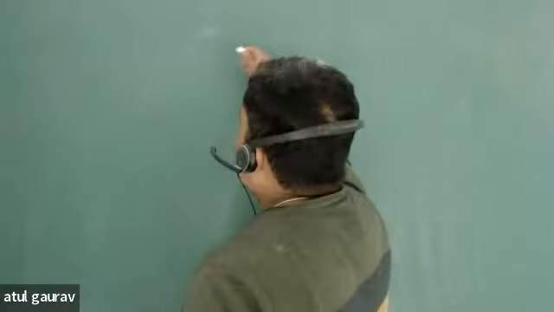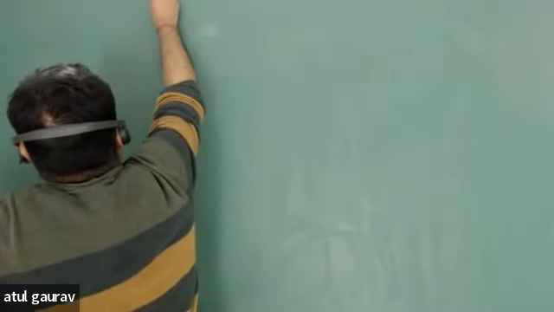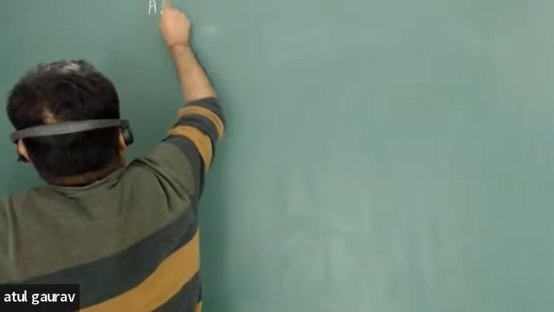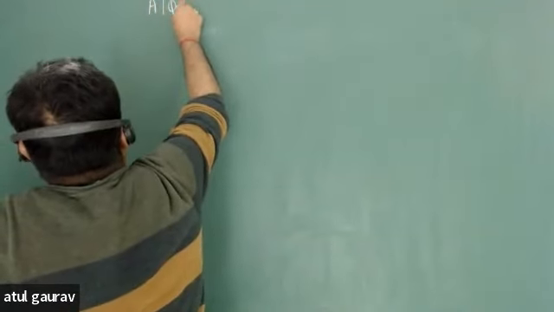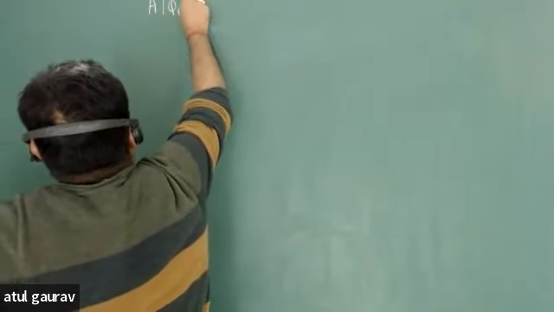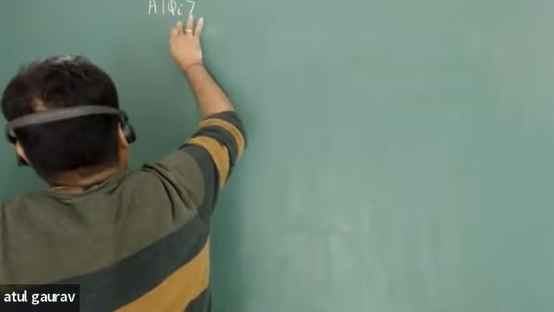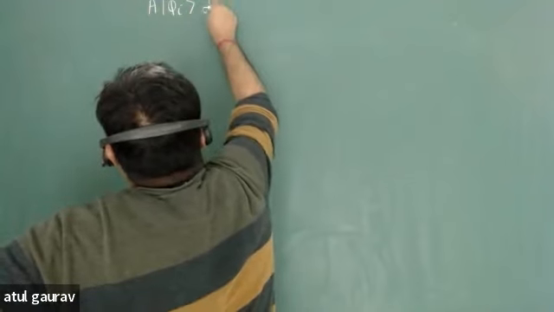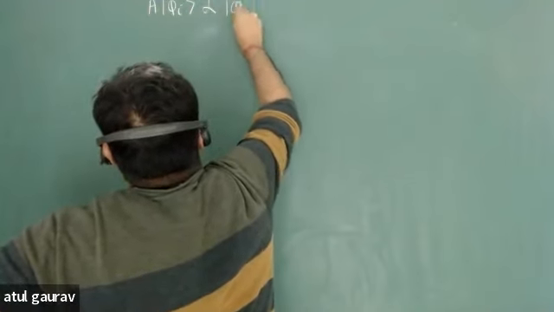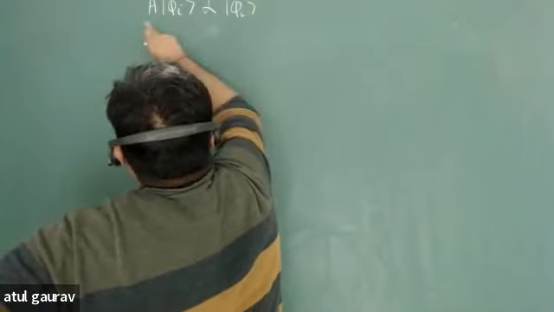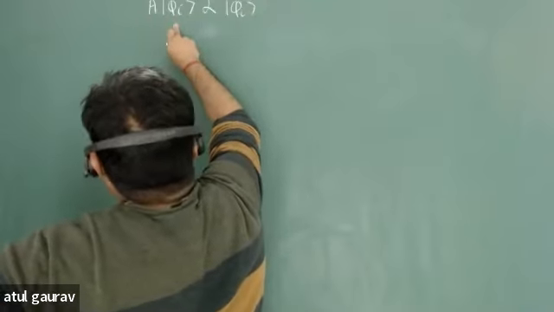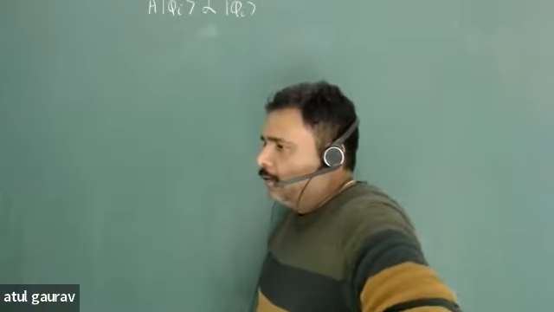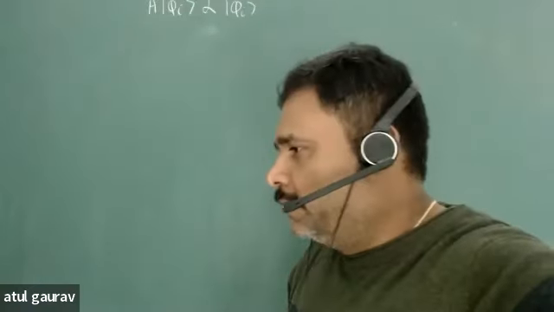So suppose I have a vector phi I, and if it is going to operate on a matrix A, and you are getting something proportional to the same phi I, so operating on phi I you are getting the same vector.